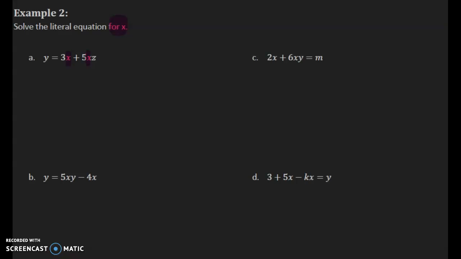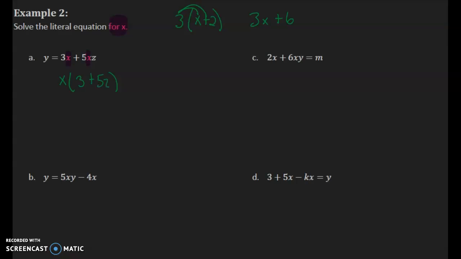So basically, if you think of the distributive property, so for example, when we take 3 times the quantity x plus 2, we distribute. We get 3x plus 6. So we're just going to undistribute. We're going to bring the x out in front. So think of it as if you were distributing, what would remain inside? You'd have the 3 plus the 5z.